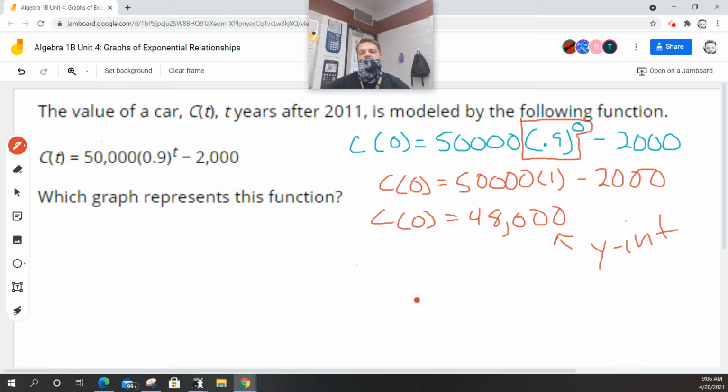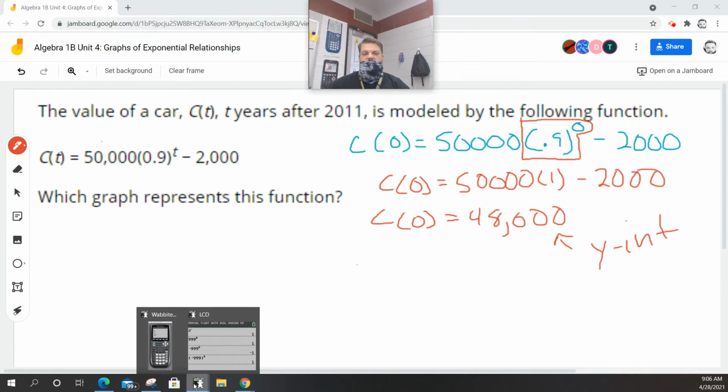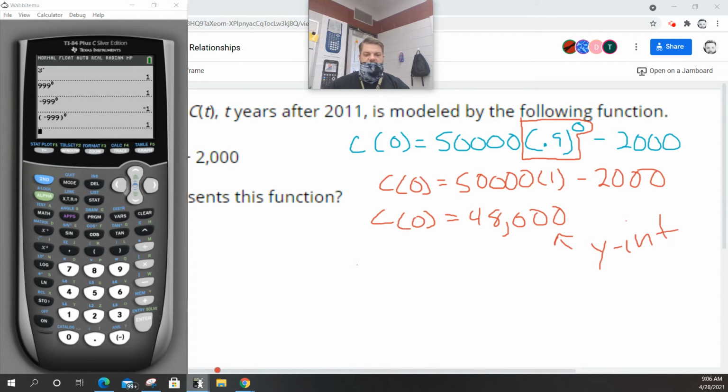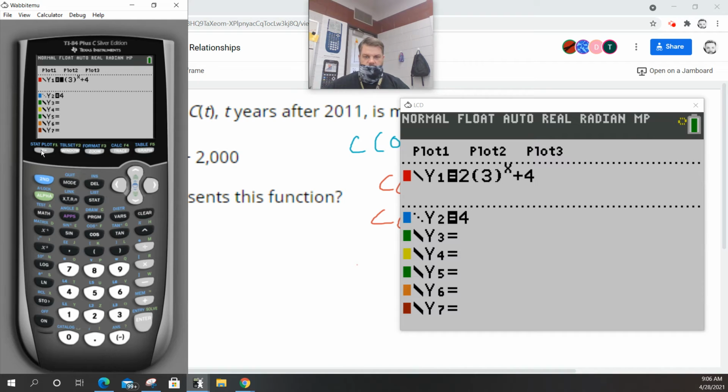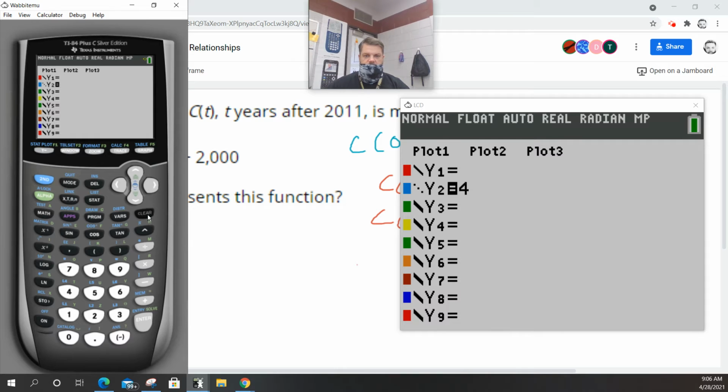So it says, which graph is this function? I'm just going to graph this in my graphing calculator. Turn your graphing calculators back on. Go to y equals. Clear that out.